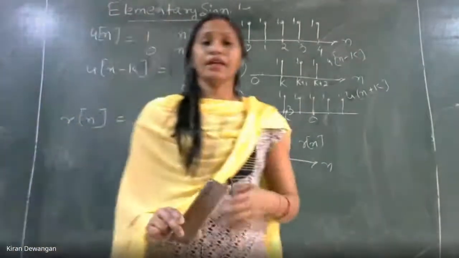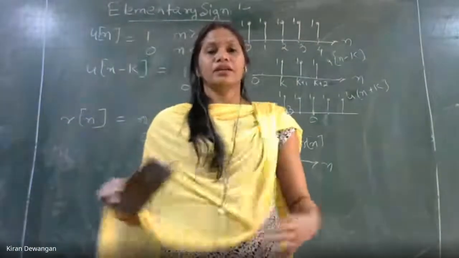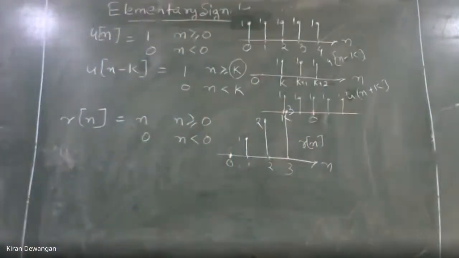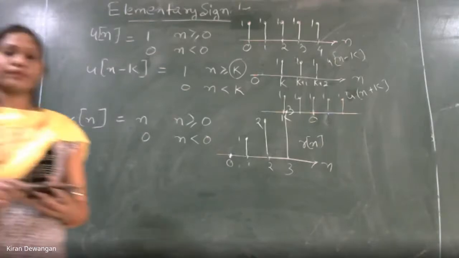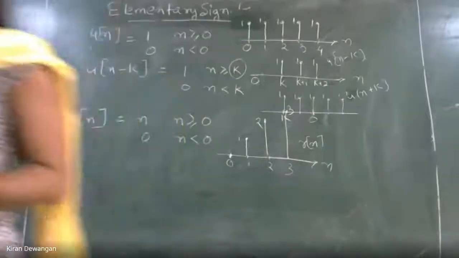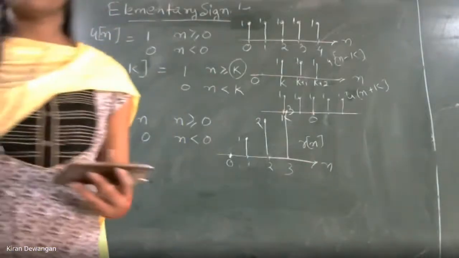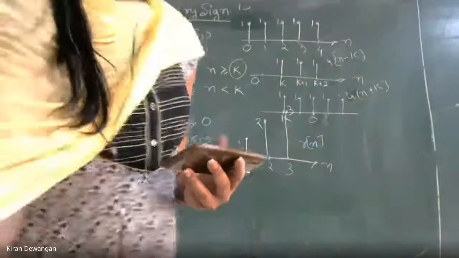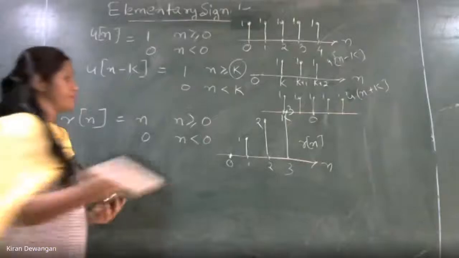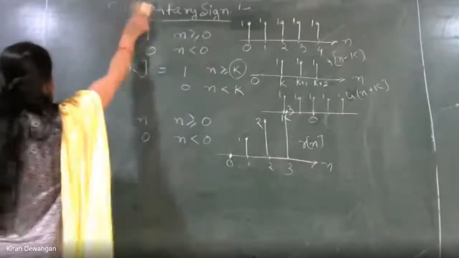Now is there any relation between u of t and r of t? Yes, can anyone tell? Is there any relation between u of t and r of t? Yes, students? No idea.